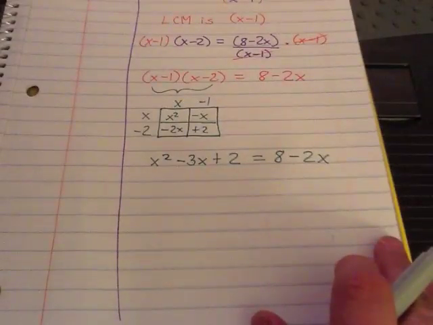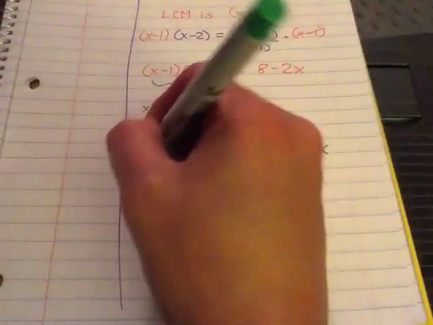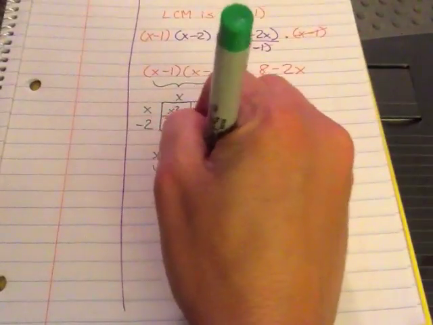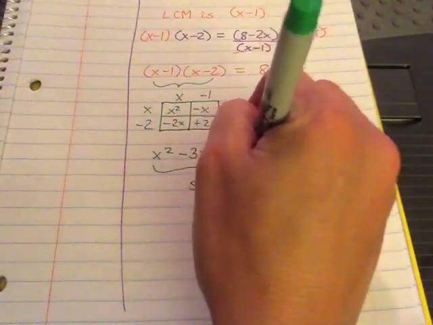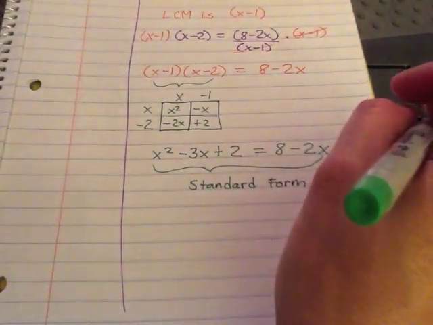Based on what you already know, I have a feeling some of you have an idea of what you should probably do here. Hopefully you thought to yourself, standard form. So you're going to go ahead and get this in standard form.